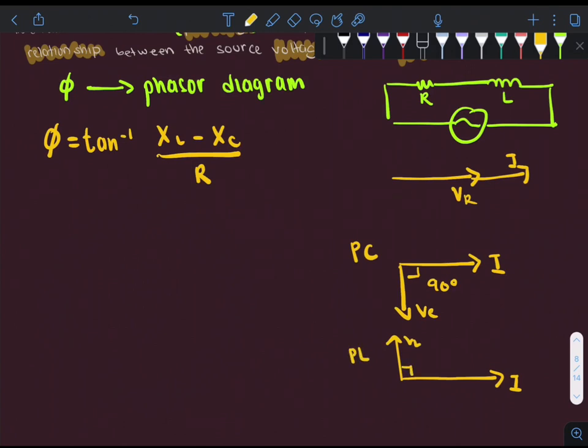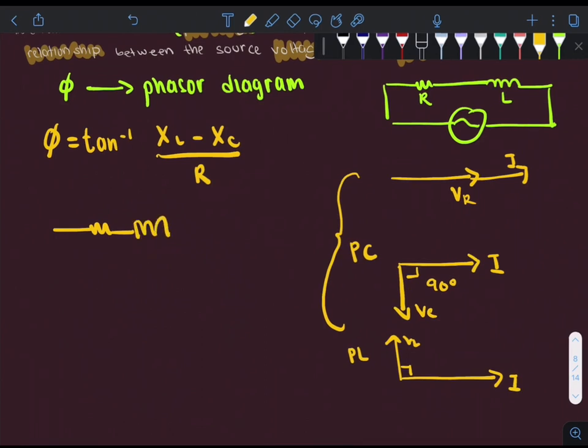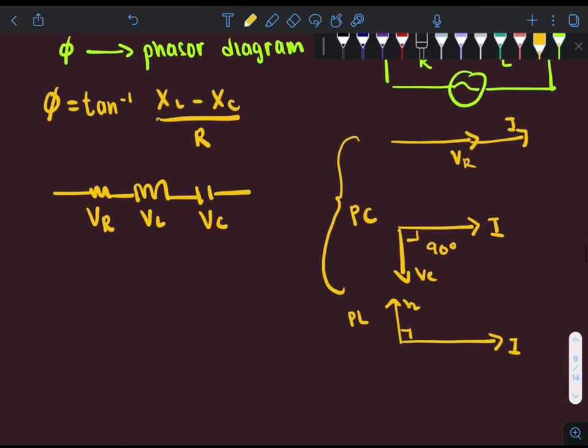So when we combine all these three into one circuit, we will have the resistor, inductor and also capacitor in one circuit. Therefore, we will have voltage across resistor, voltage across inductor and voltage across capacitor. Thus, our phasor diagram will be something like this, where we will have the current, voltage across the resistor, voltage across the inductor and also voltage across the capacitor.